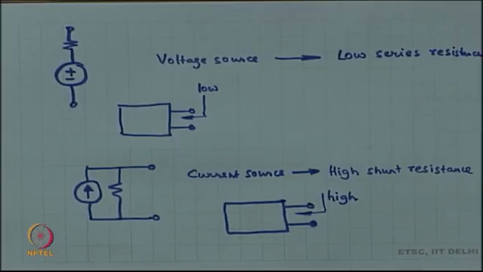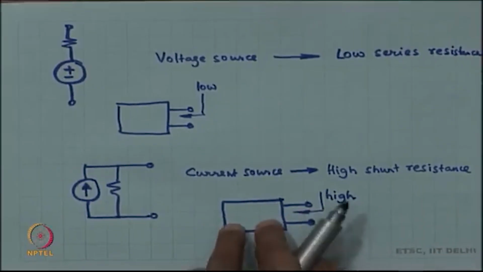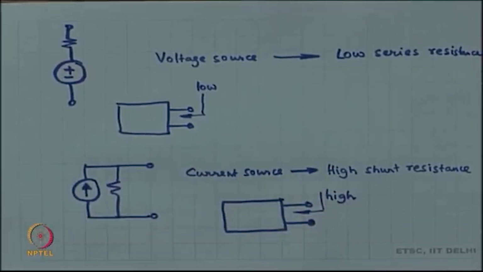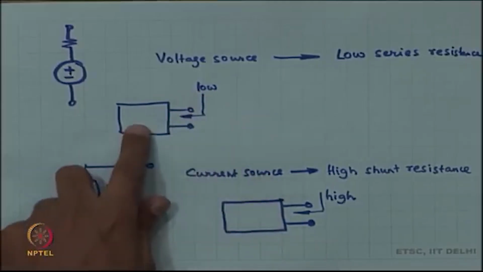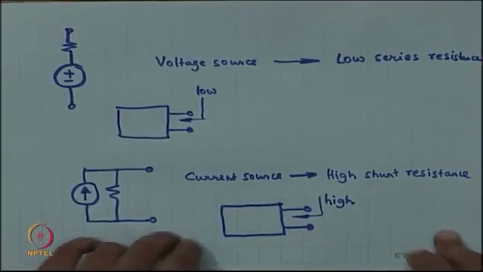So, let us keep it subjective, let us keep it relative. When the output impedance is high, I am going to call this box a current source. Is this understood? Very good. So, low output impedance, it is a voltage source; high output impedance, it is going to be a current source.